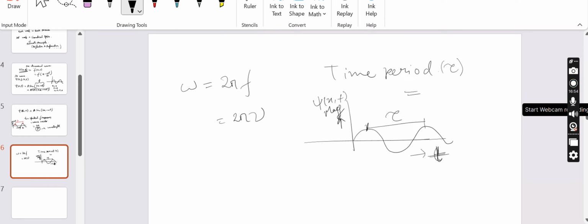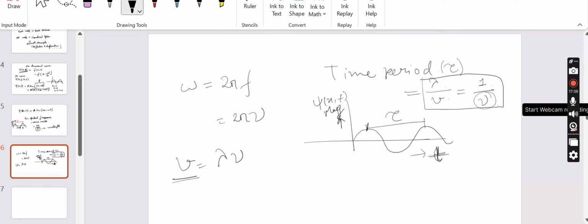So time period is basically lambda over v, and time period can also be written as 1 by nu, this frequency. So from this equation we can also say that v is equal to lambda nu.